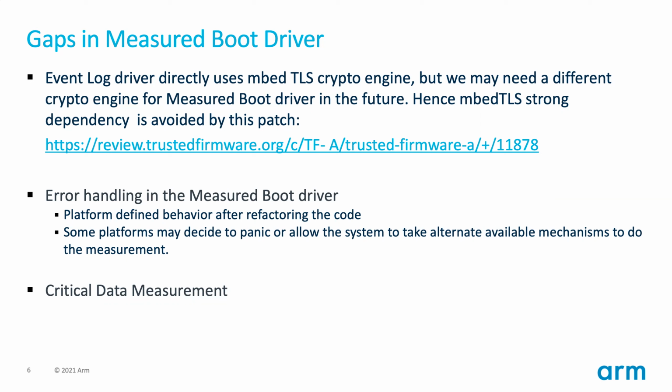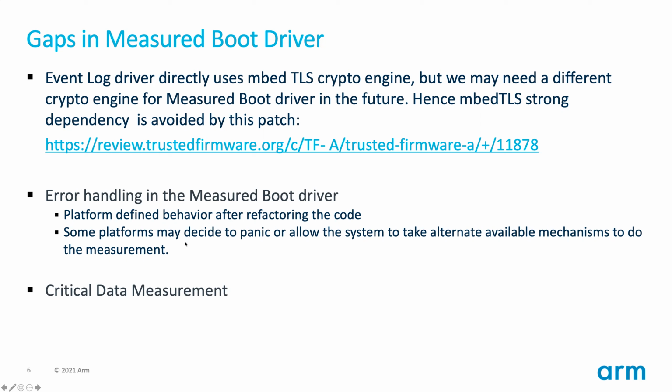It is just removing this hardening in the event log driver, which always uses mbed TLS. And we handle the error handling in the measured boot driver. Previously it was not platform-defined behavior, but now it is completely up to the platform how to handle those measured boot driver related errors.